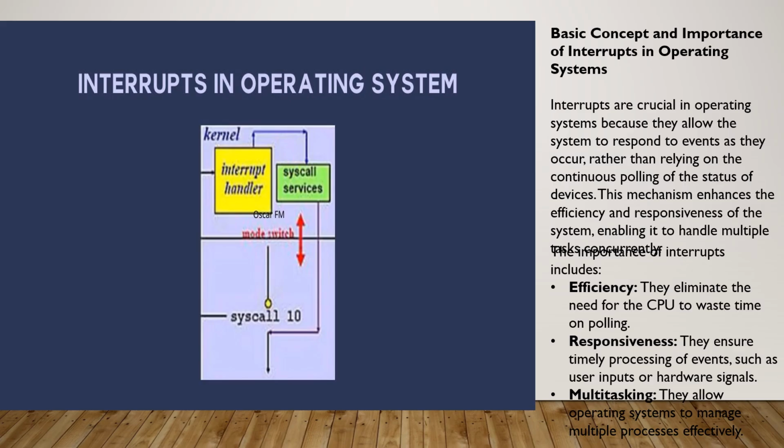The interrupts in the operating system: basic concepts and importance. Interrupts are crucial in operating systems because they allow the system to respond to events as they occur rather than relying on continuous polling of the state of the device.